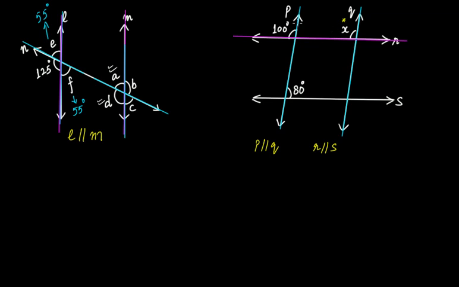And in the case of a transversal to the parallel lines, a pair of corresponding angles is always equal. Therefore, X will be equal to 100 degree. So you can clearly see that 80 degree was of no use. It was just given to you to confuse you.